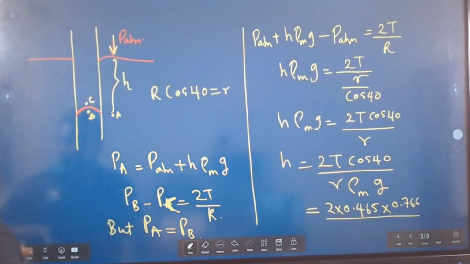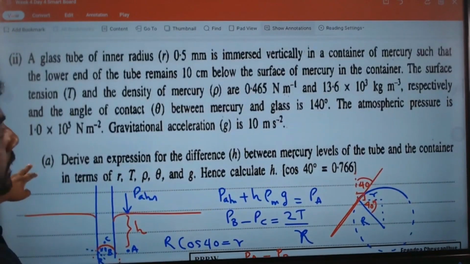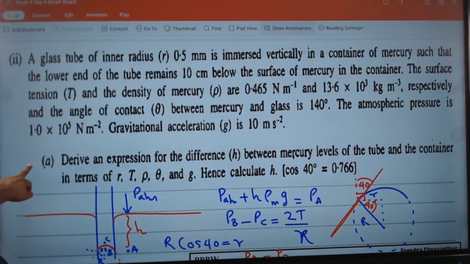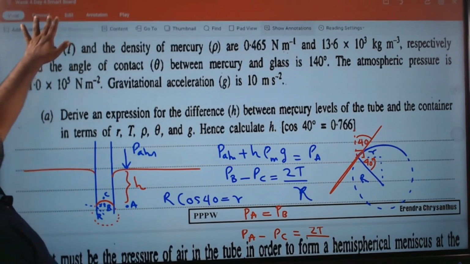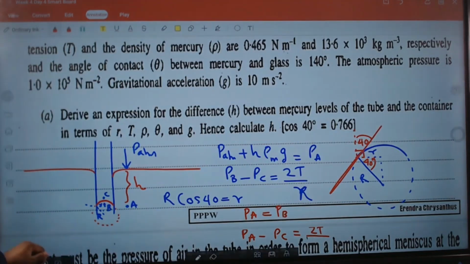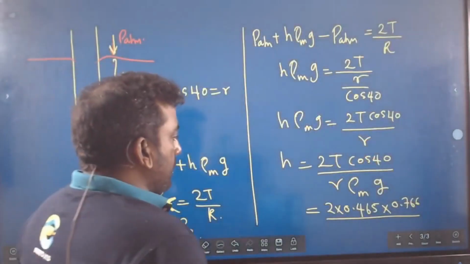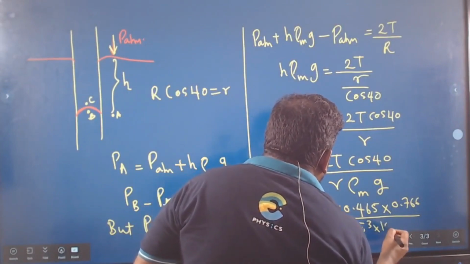Radius of the tube is 0.5 millimeter, convert to meters. g is 10.